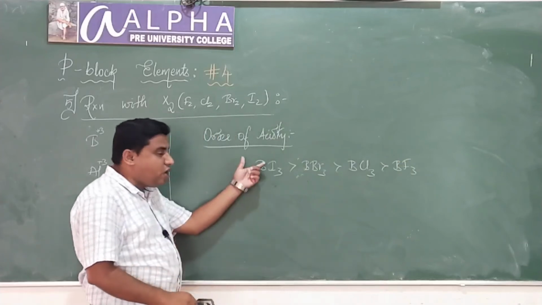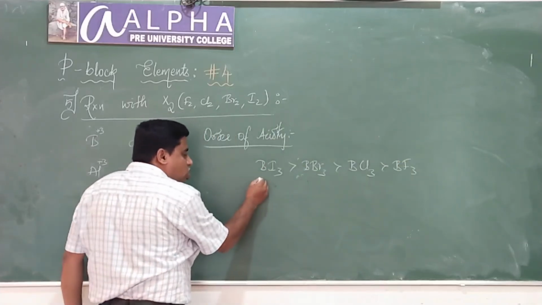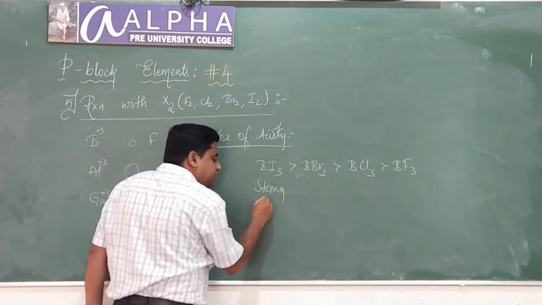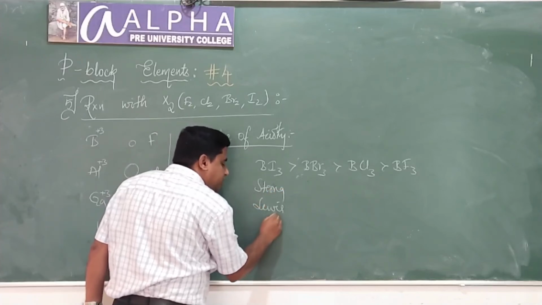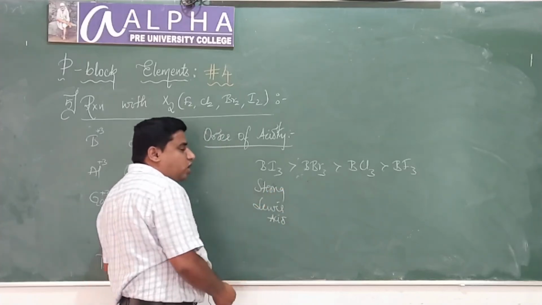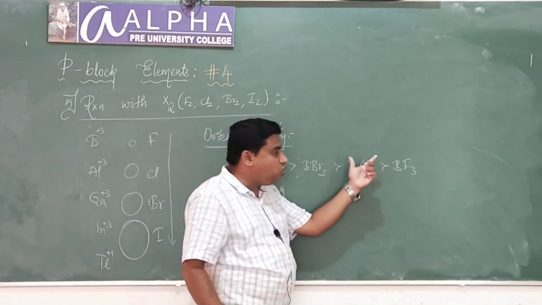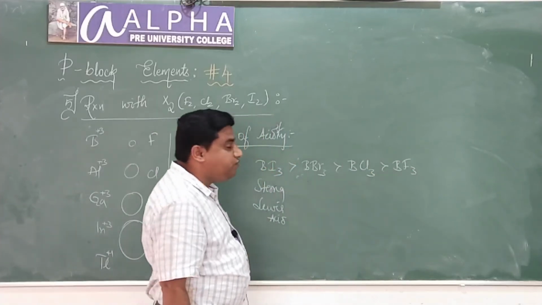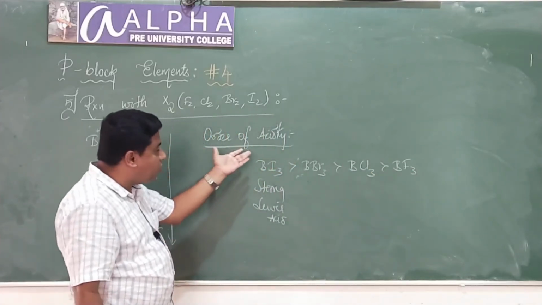Boron triiodide is the strongest Lewis acid, then boron tribromide, then boron trichloride, and then boron trifluoride. Remember this order of acidity.